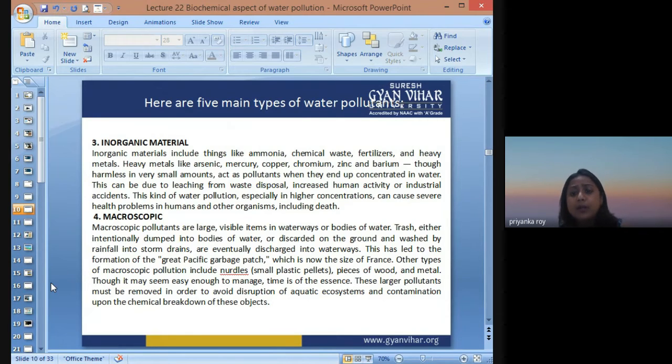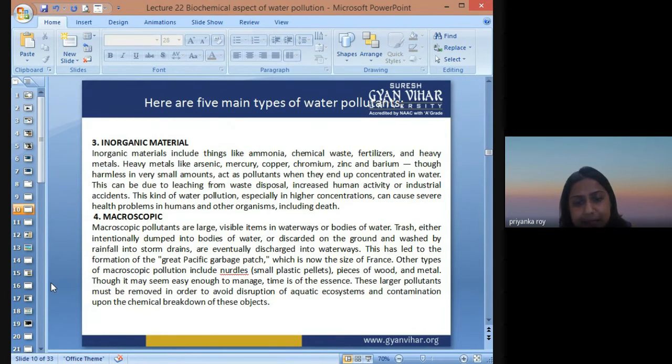They are eventually discharged into water bodies, and this has led to the formation of the Great Pacific Garbage Patch, which is now almost the size of a country like France. The other type of macroscopic pollution includes plastic pellets, known as nurdles, small plastic pieces, and pieces of wood and material floating over the water surfaces.